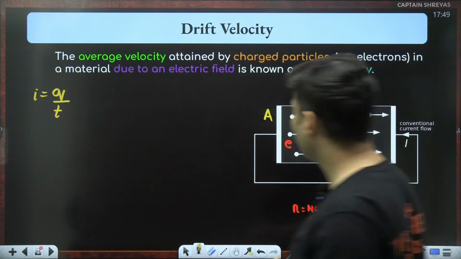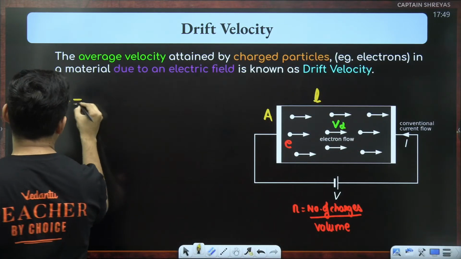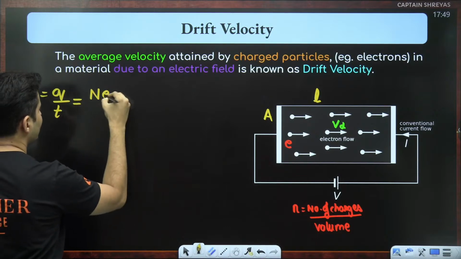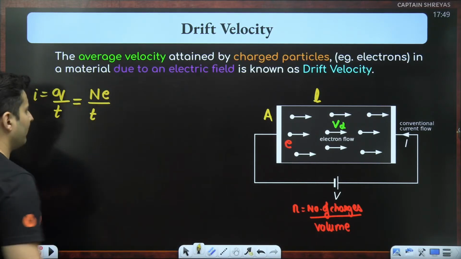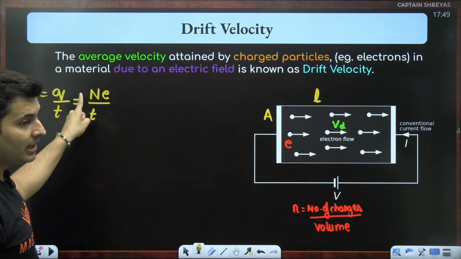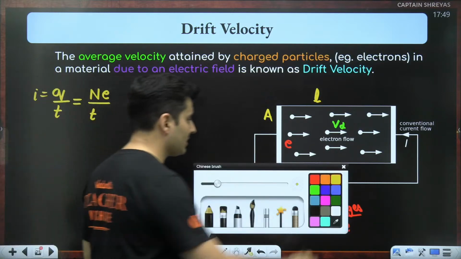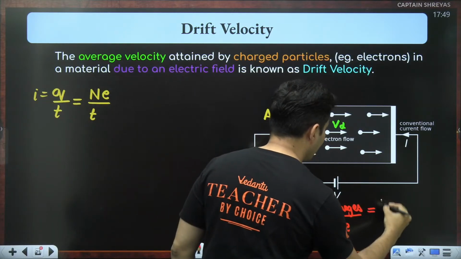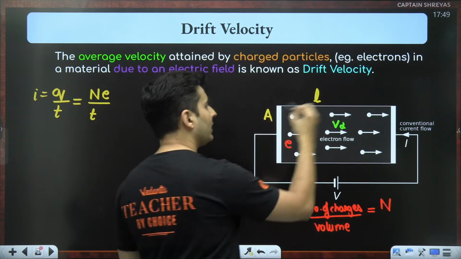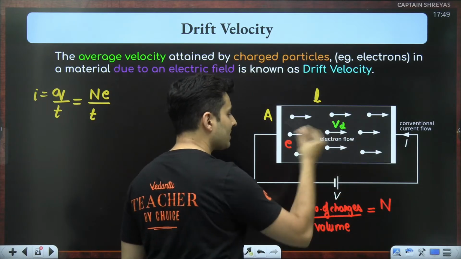I can write it as total number of charges into e, the whole thing divided by time. But remember, capital N is the total number of charges present in this conductor.